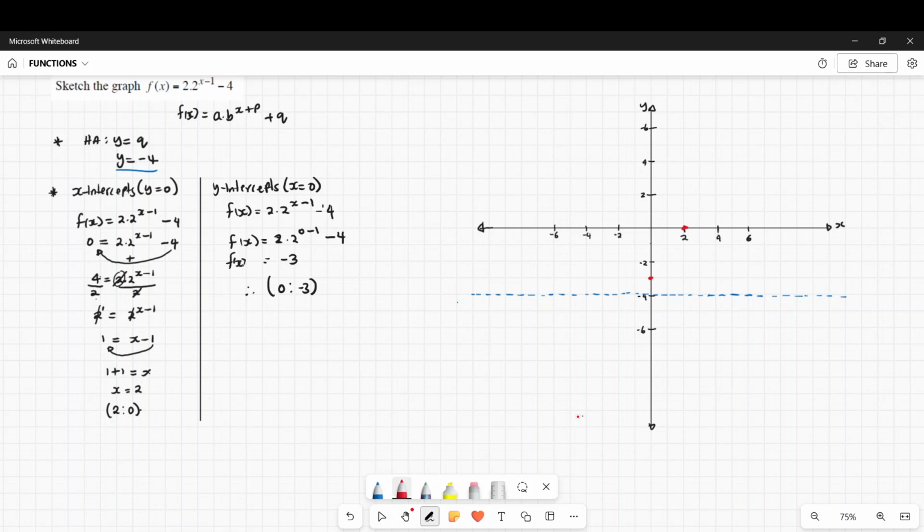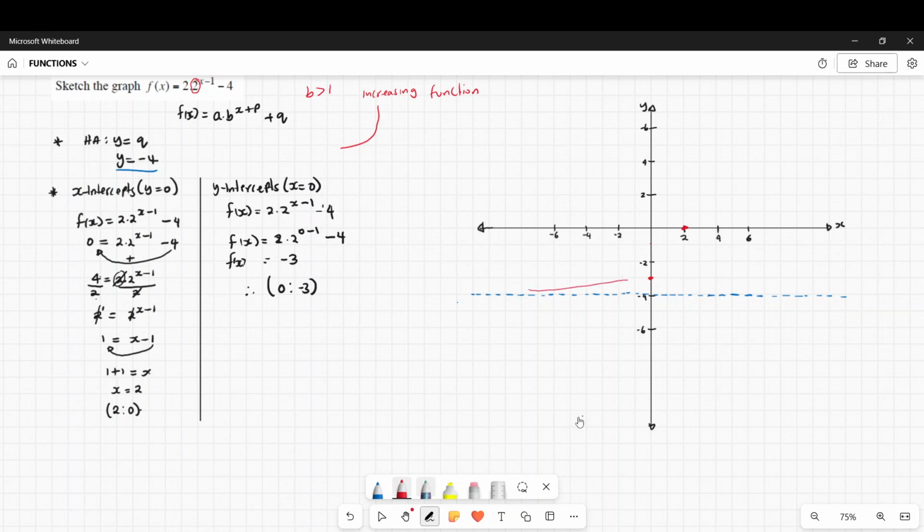Over here on our function, we can see that our b is 2. That means if b is greater than 1, it's an increasing function. We spoke about this, an increasing function. If it's an increasing function, the shape of the graph will look like that. So we know the shape of the graph will be in this form.